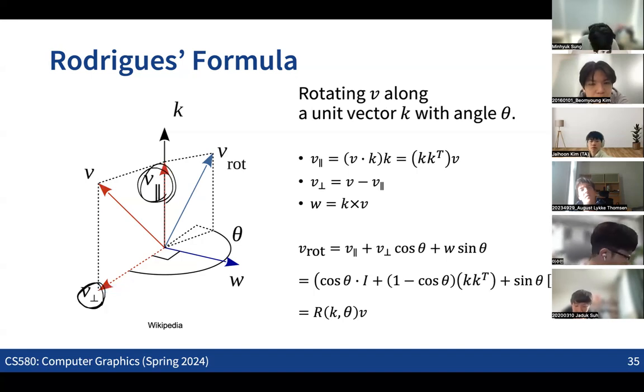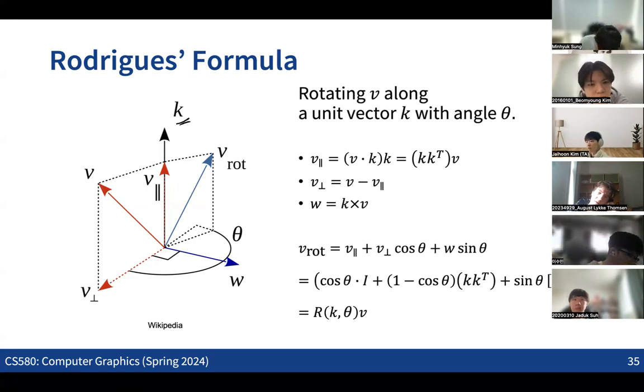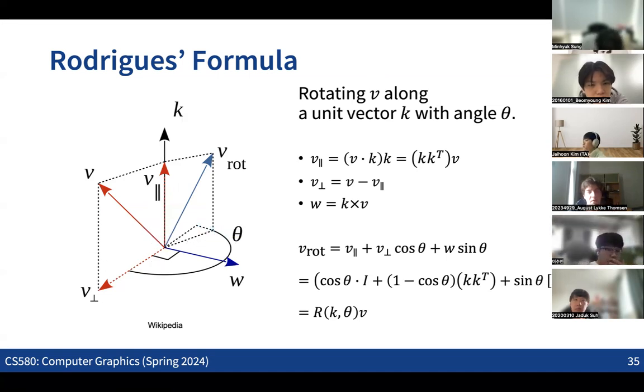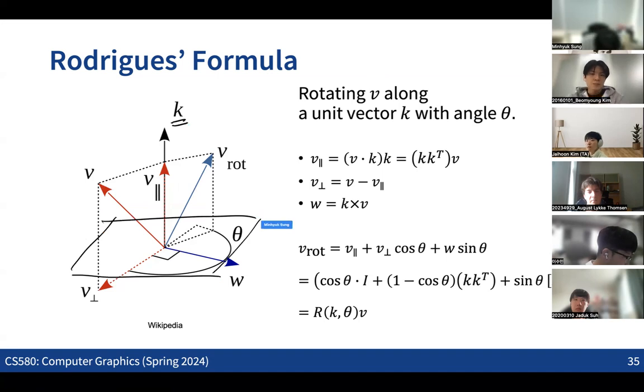We only need to apply the rotation to the part which is orthogonal to the rotation axis. Then the vector which is orthogonal to the rotation axis k is just a matter of applying the 2D rotation, right? So in the plane which is orthogonal to the rotation axis k, taking the axis k as the normal, in this 2D plane we can apply the 2D rotation to the orthogonal part of the vector.